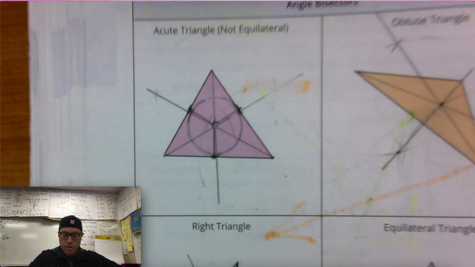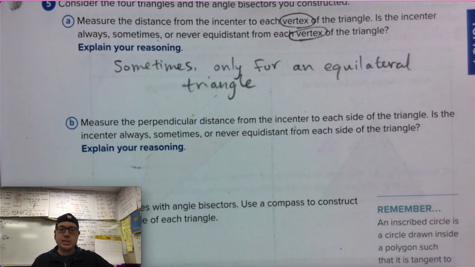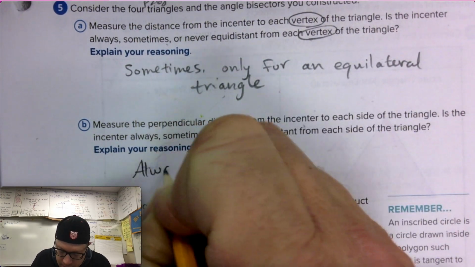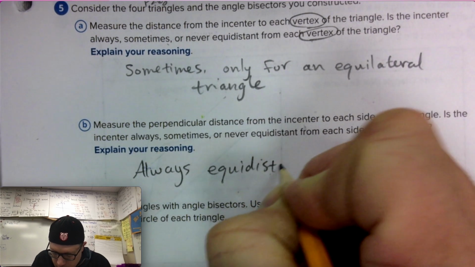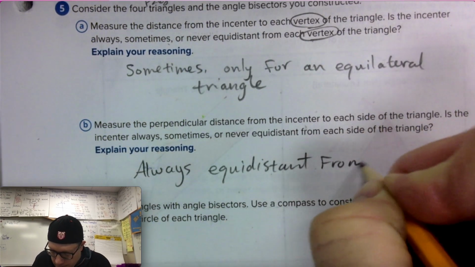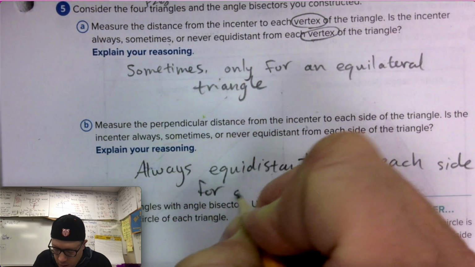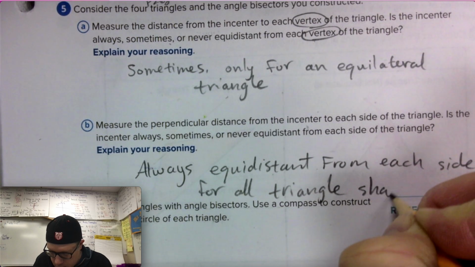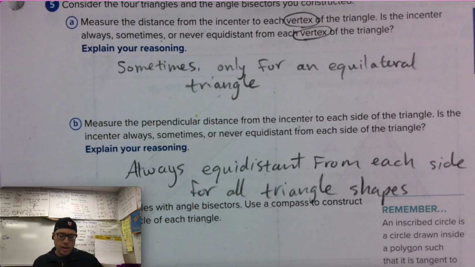So the answer to part B, measuring the perpendicular distance from the incenter to each side: the incenter is always equidistant from each side for all triangle shapes, whether they're obtuse, equilateral, acute, right, whatever they are.